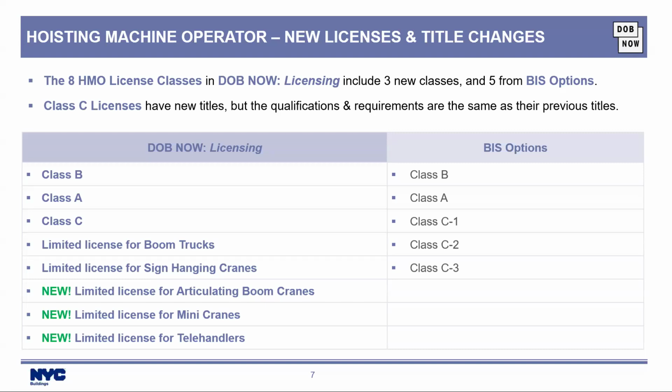Class C1 has been renamed to Class C. Class C2 has been renamed to Limited License for Boom Trucks, and Class C3 has been renamed to Limited License for Sign Hanging Cranes. These 3 licenses have new titles, but the qualifications and requirements are the same as their previous titles. And then on top of that, we have the 3 new limited licenses that I discussed on the last slide: articulating boom cranes, mini cranes, and telehandlers.